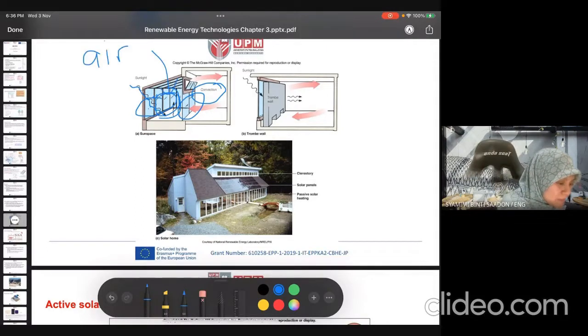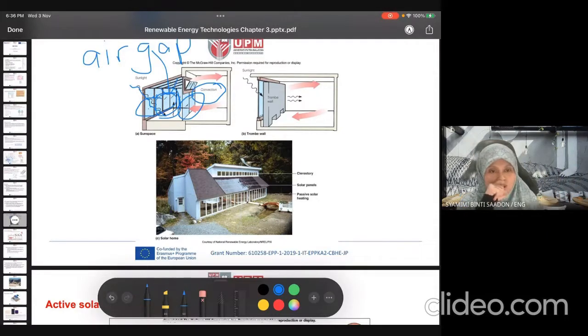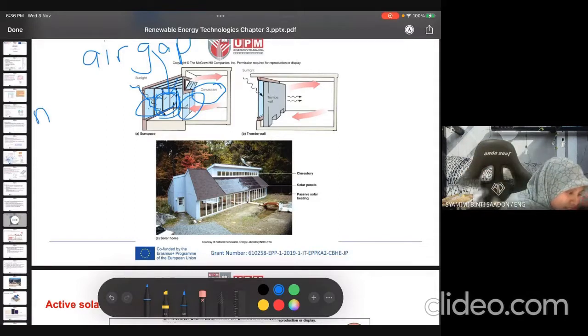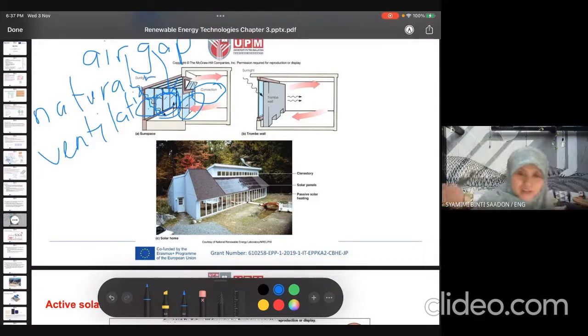It means that we don't use any mechanical power here. It's only natural ventilation. No mechanical power, no fan or anything. It means that it is naturally ventilated.